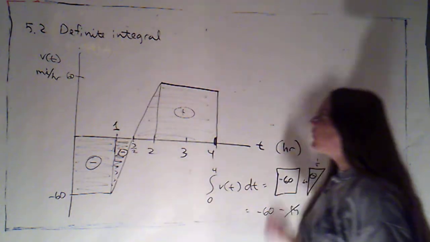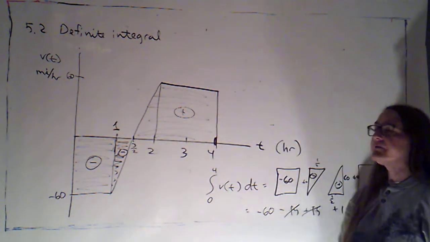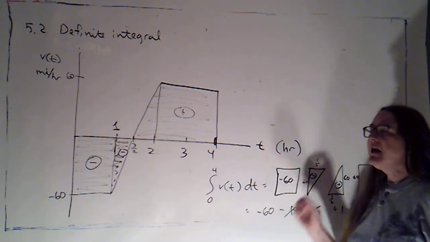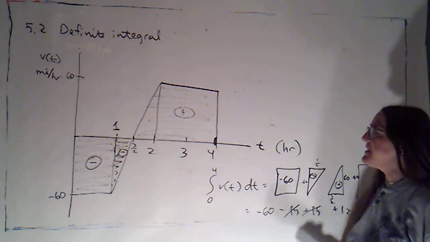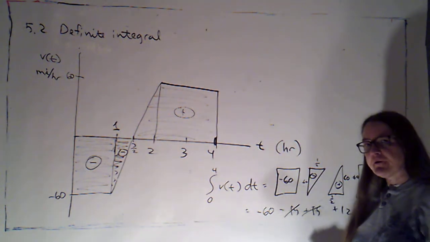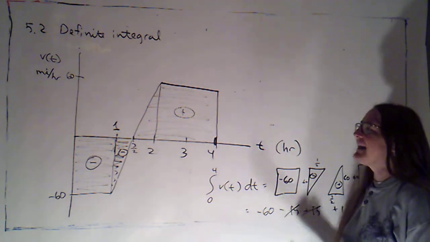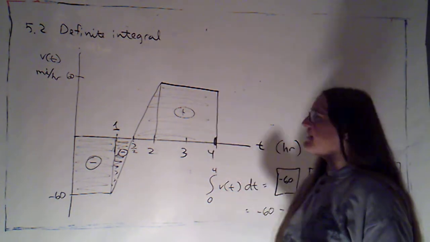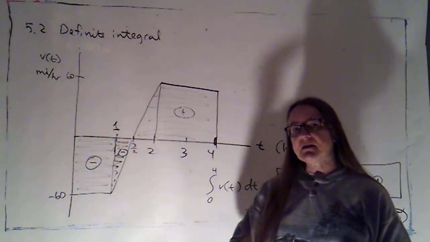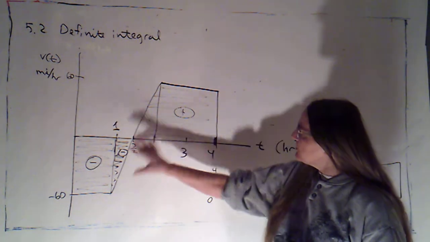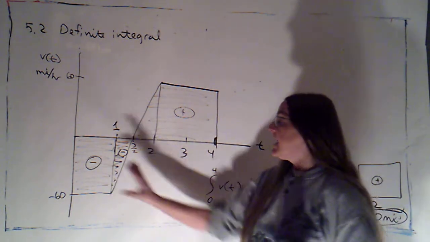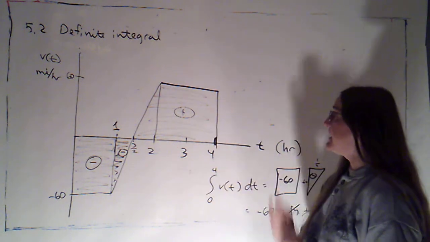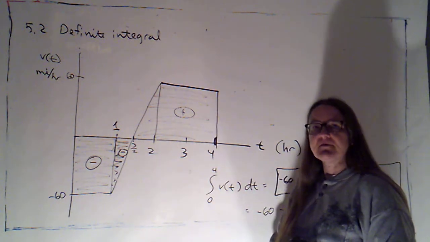But that's why we're going to allow ourselves to have signed area, because we really aren't going to be thinking of it as geometric area. We're going to be thinking of that area as a metaphor for something else. And if what I'm integrating is a velocity function, velocity times time is going to give me, if it's a constant velocity, the displacement. And when it's a changing velocity and I integrate it, that also gives me a displacement.